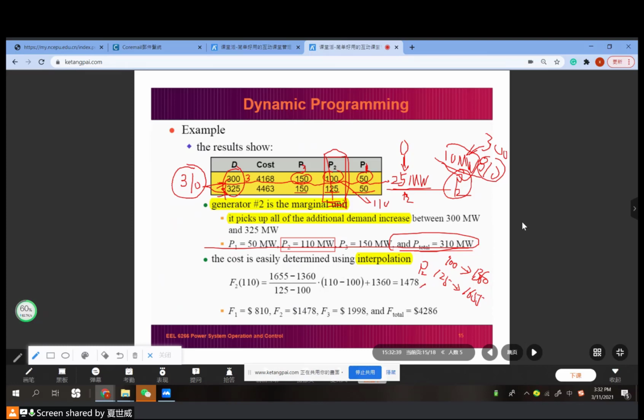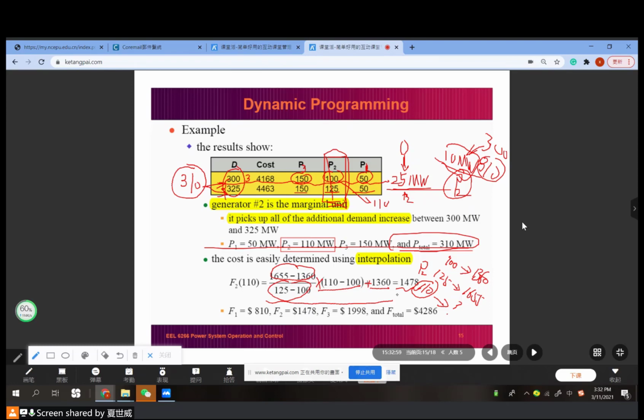So how do you calculate the value for 111? It's very easy. Calculate like this. You just use the increment cost divided by the increment power, multiply by the increment power, and plus this. This is the fuel cost for this number.